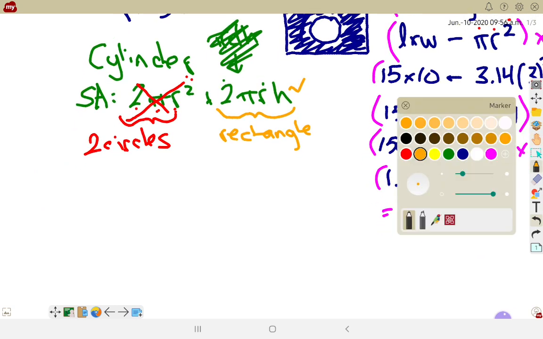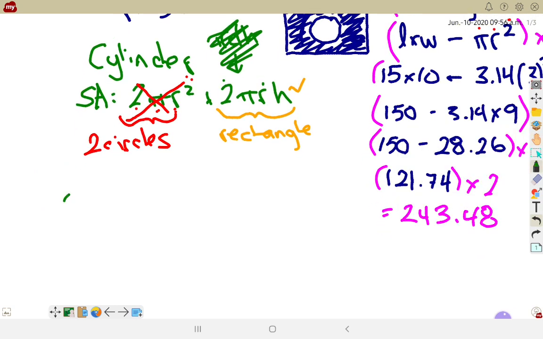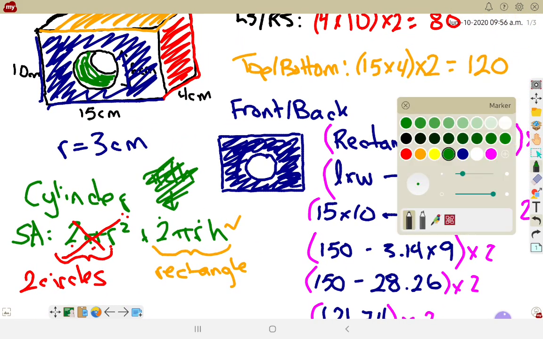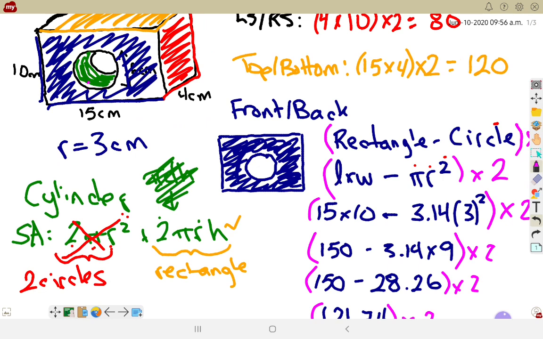So let's throw that in. So we've got 2 times pi, which is 3.14, times the radius, which is 3, and the height. So if we look back here, the cylinder is going from the front of the shape to the back of the shape, so it would have the same depth as the rest of the shape, which is 4.